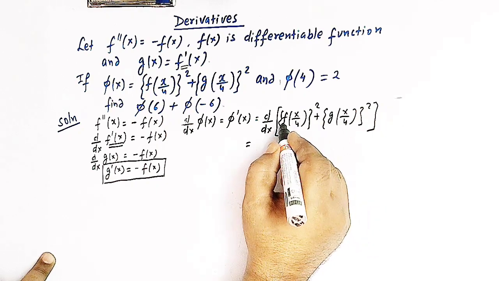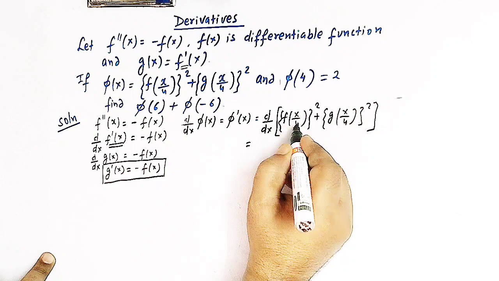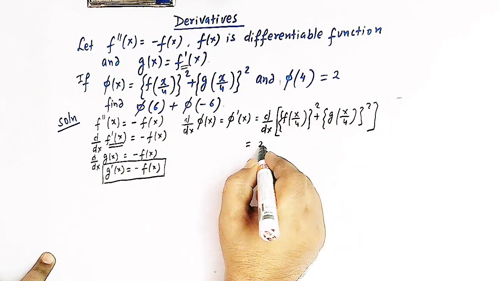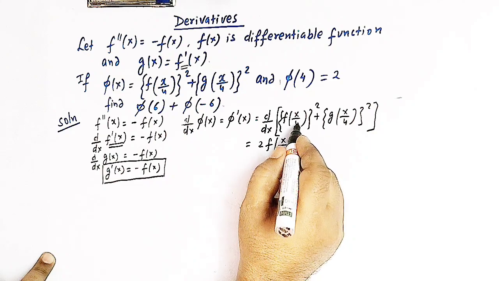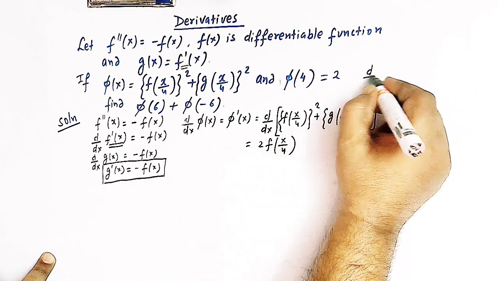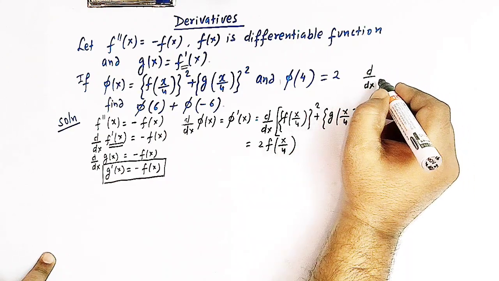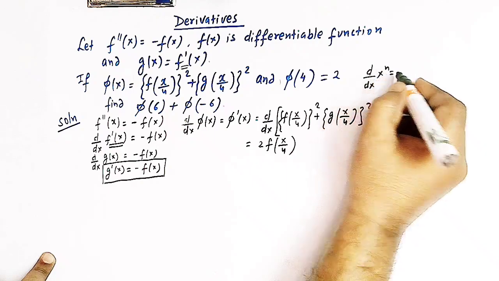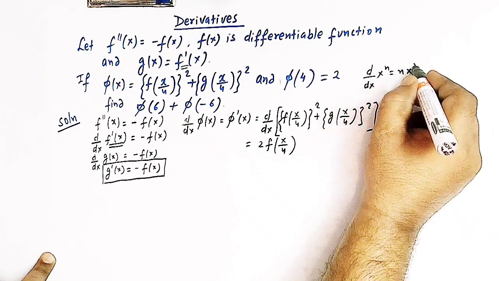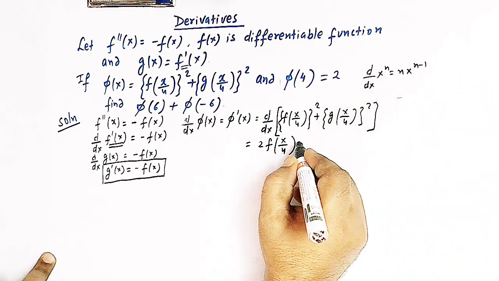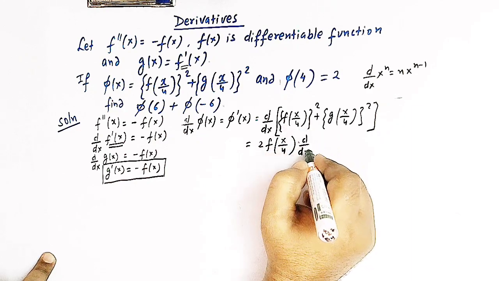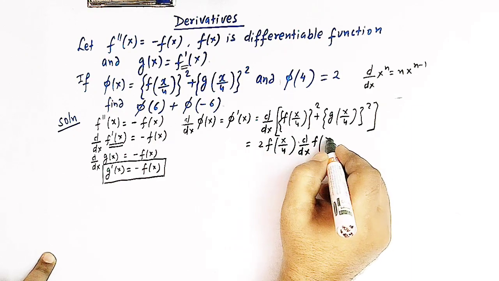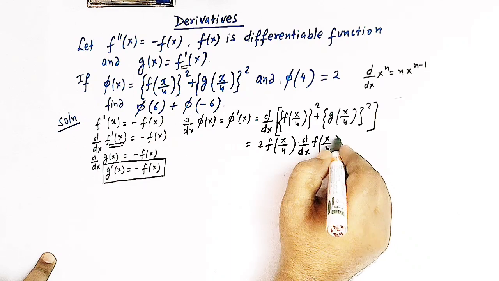So here the derivative of f of x over 4 square is 2 times f of x over 4. So here we are applying this rule, that is d by dx of x raised to n is n x raised to n minus 1, right? And then by chain rule we have to find the derivative of f of x over 4, right?